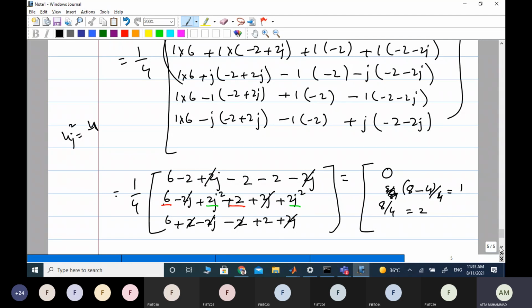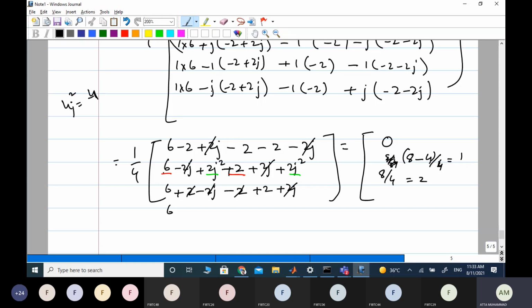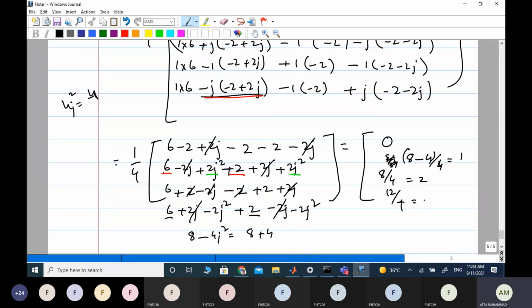Okay, so now the last row we have 6. Now this minus j multiplied with this term. So what we get? Minus into plus, plus 2j, and this is minus 2j square plus 2 minus 2j minus 2j square. So this plus 2j minus 2j get cancelled, and we have this 6 plus this 2 is 8 minus 4j square, and that is equal to 8 plus 4, which is equal to 12, and we divide it by 4, we get 3.